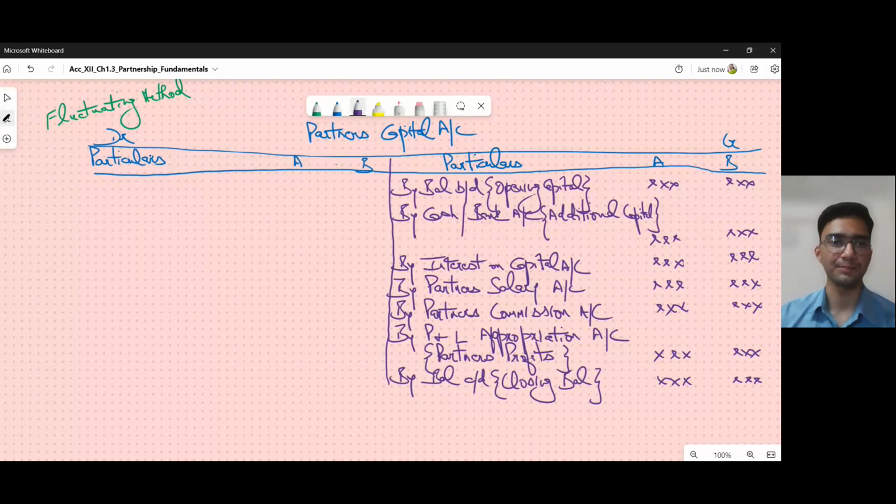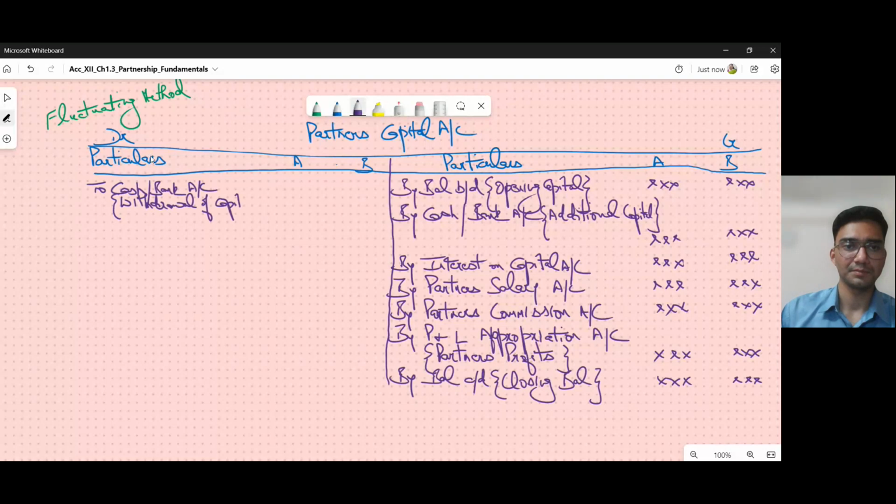Now if I come to the debit side, the same thing I have to do. I have to write all the items which were there in both those accounts. So the first item would be to cash or bank account. This is withdrawal of capital.